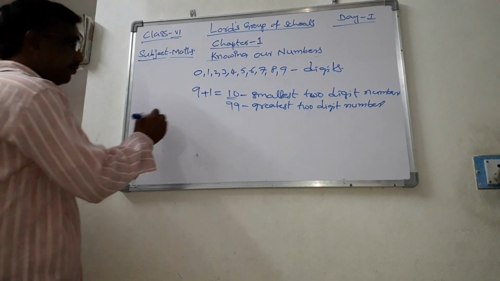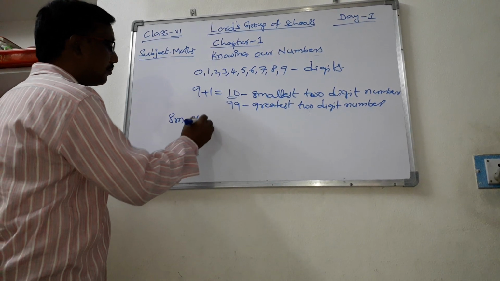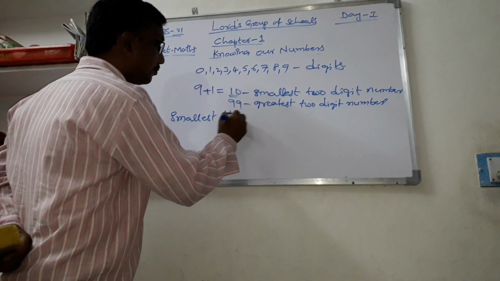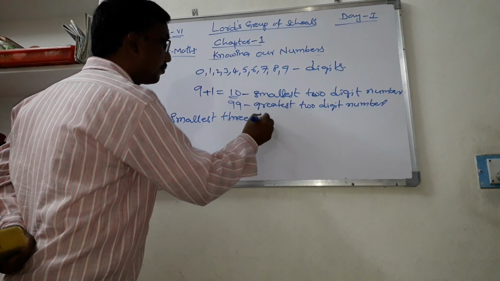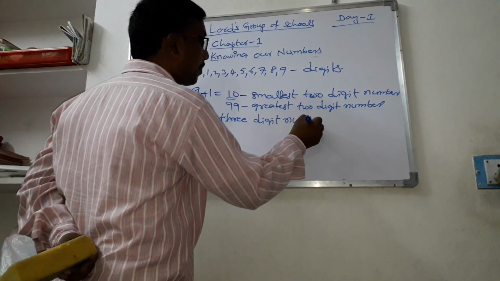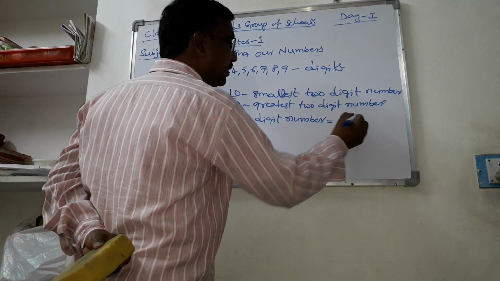Similarly, can you say the smallest 3-digit number? It will be 100.